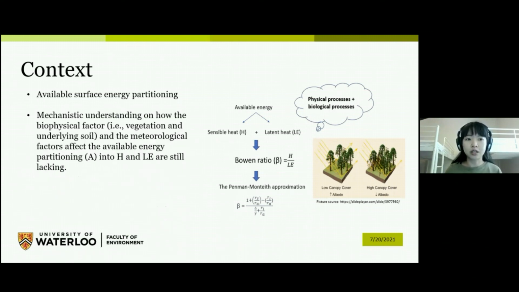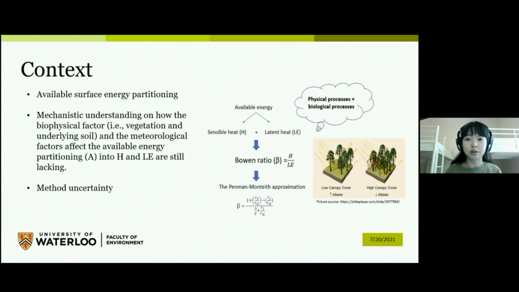So right now, the mechanistic understanding of how the biophysical factors and the meteorological factors affect the partitioning process is still lacking. And then we usually use the relative contribution methods, such as the linear regression methods, to quantify the relative contribution.